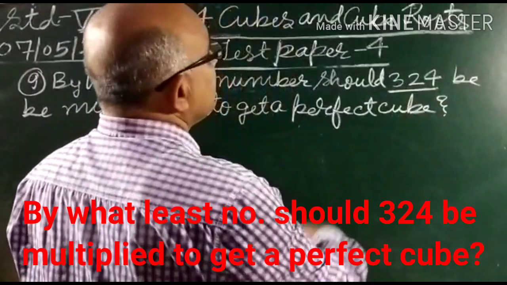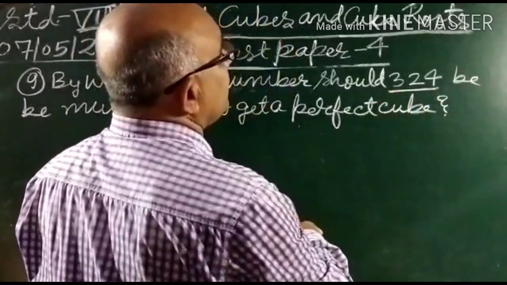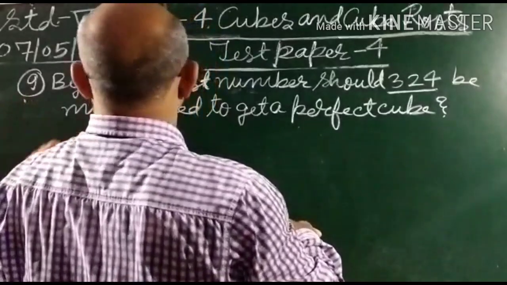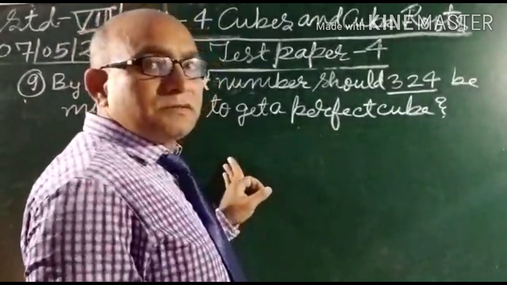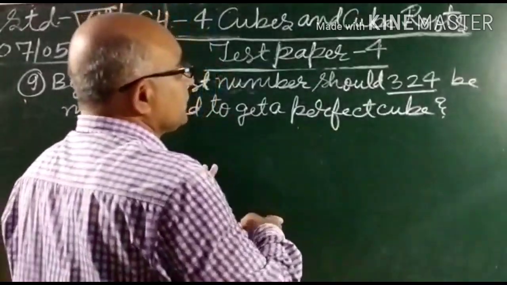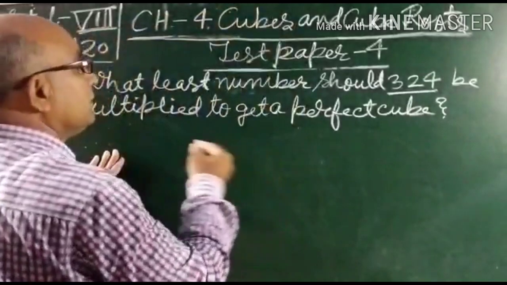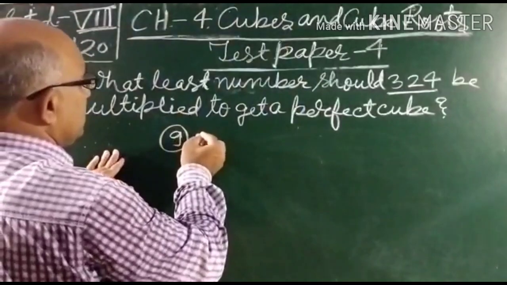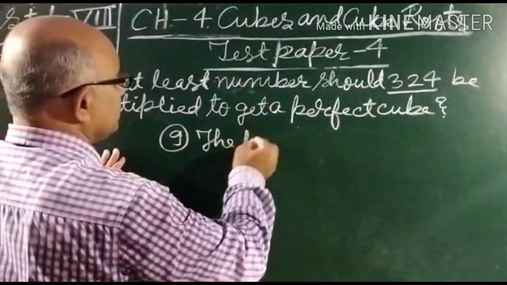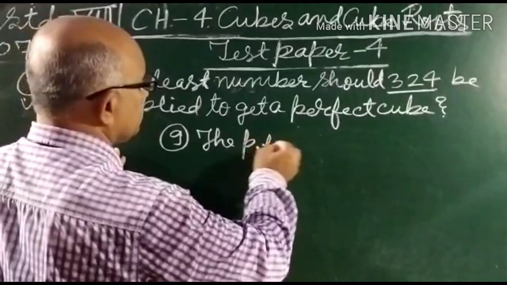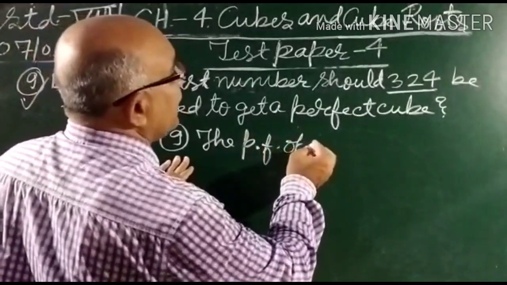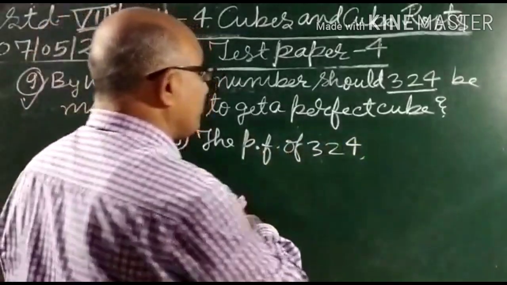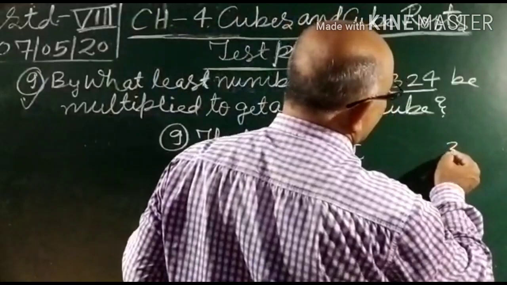What least number should be multiplied with 324 so that the given number becomes a perfect cube? So first of all, find the prime factors of 324.